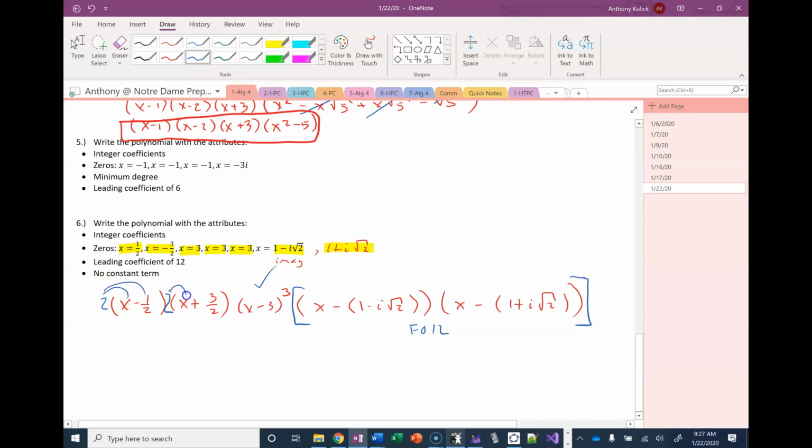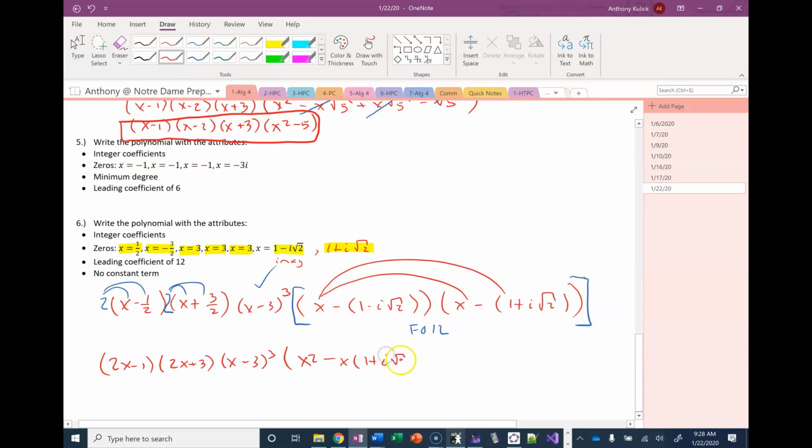So I'm going to distribute these 2's through. And then I FOIL here, so x times x is x squared. And then I have negative x times 1 plus i root 2. Then I have negative x times 1 minus i root 2.